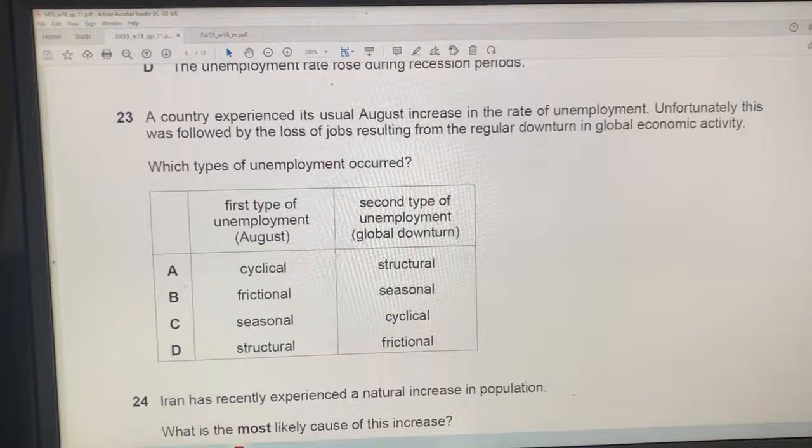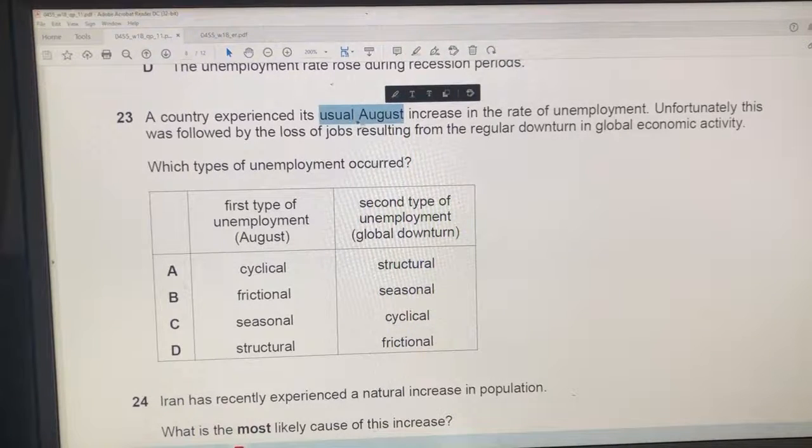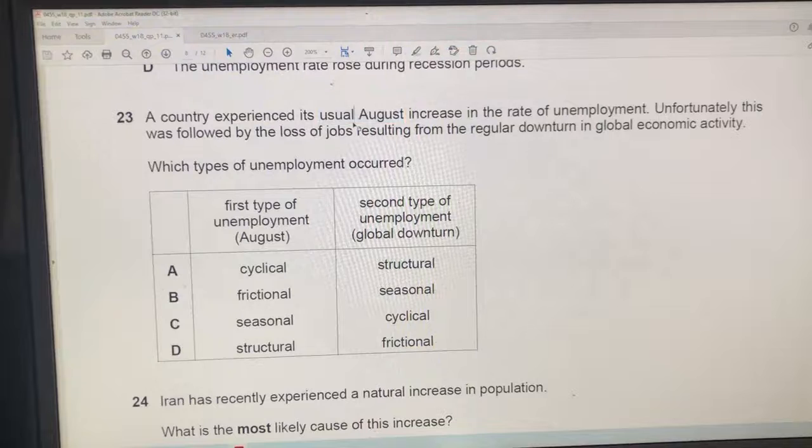Let's check D, just for fun. That's not structural. The unemployment in August is not structural. They say it's the usual August increase, and that's important because that means they expect it. They expect, in this economy, unemployment to increase in August, probably about farming.